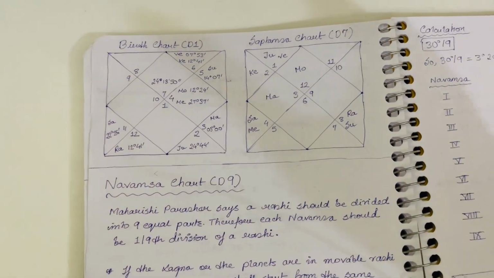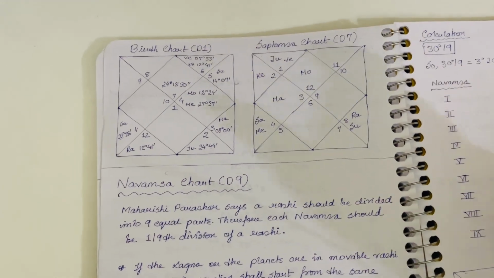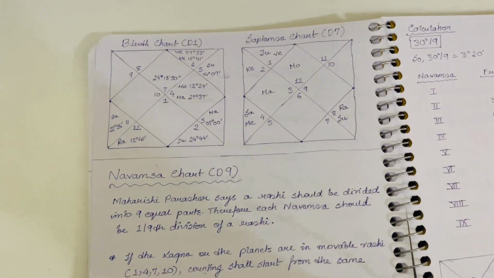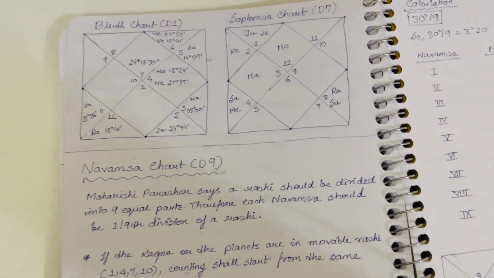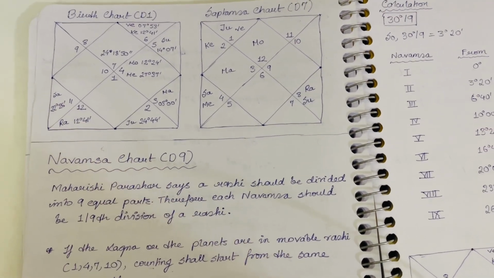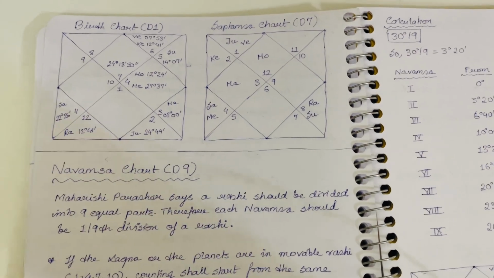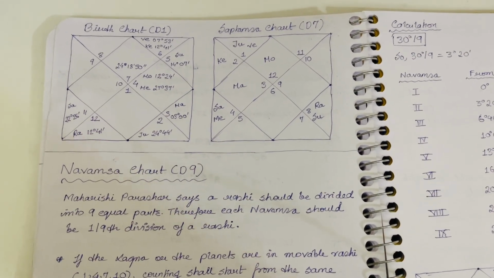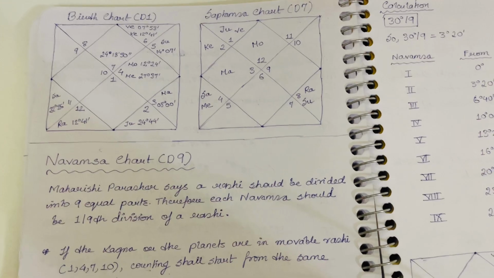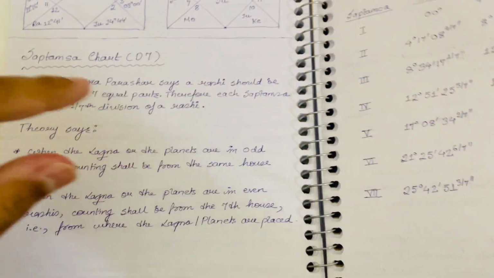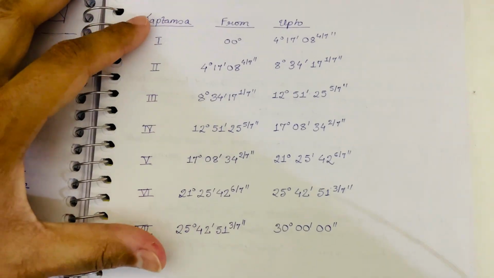This is the principle, the theory, the process by the help of which you can accurately calculate and create the Saptamsha Varga chart, the D7 chart, from the birth chart. You have to remember this particular theory, and then this particular table.